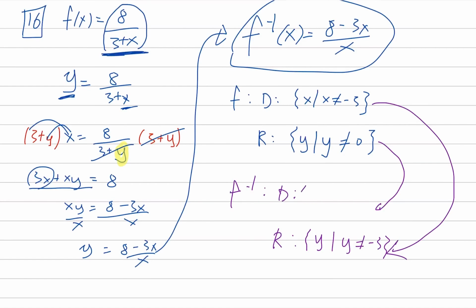We're going to make sure domain means we use x and range we use y. So let's look at f inverse. We cannot have 0 here, right? As it says here. And for the output, it's not as intuitive, but we also cannot get negative 3 as an output here. Okay. So that was number 16 from module 1. The concepts are from module 1.